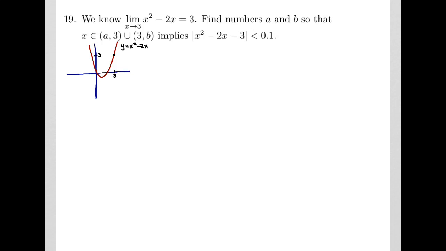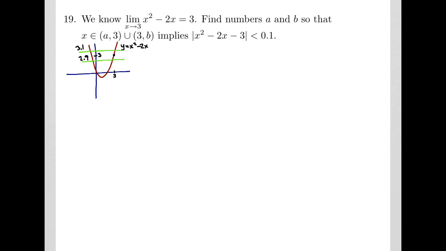And the inequality that I'm solving says if I consider how far away I am from 3, then I want to know when is my absolute value less than 0.1, is saying when is my function between 3.1 and 2.9.